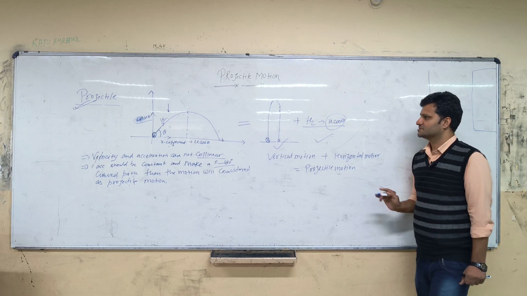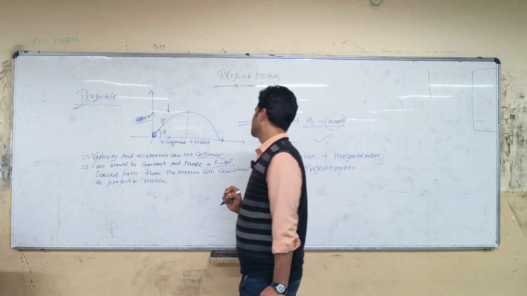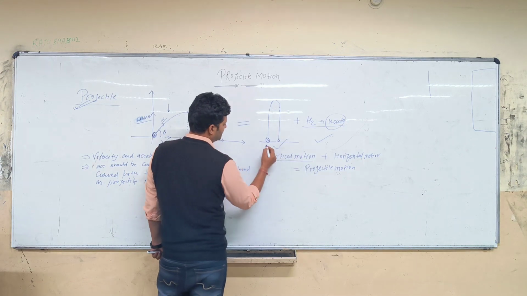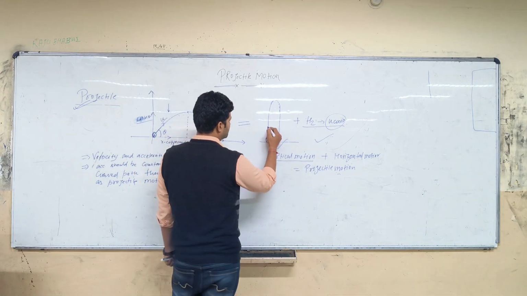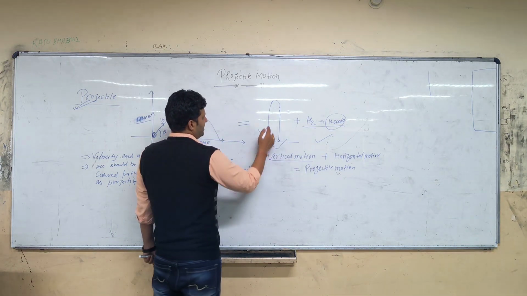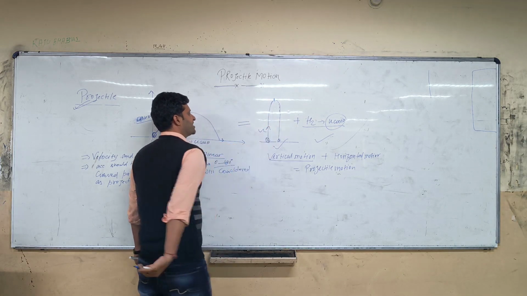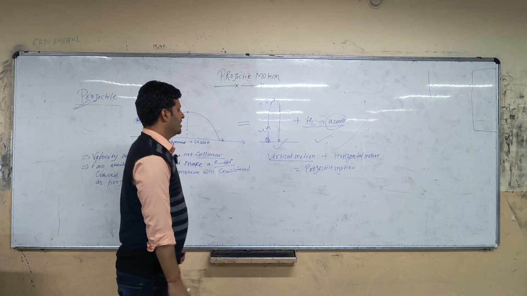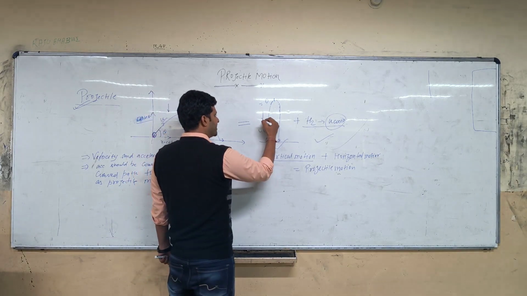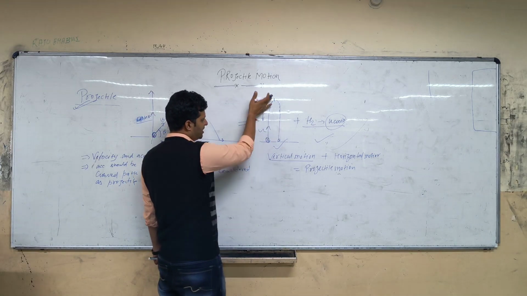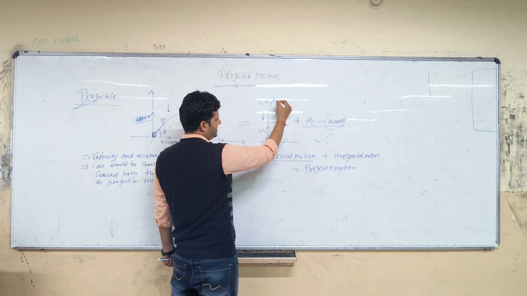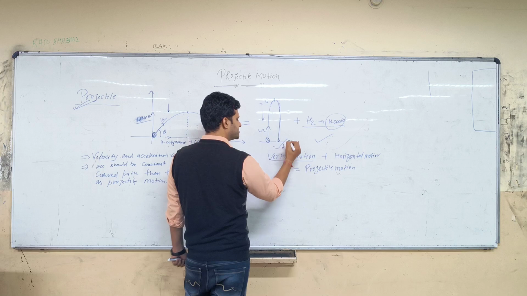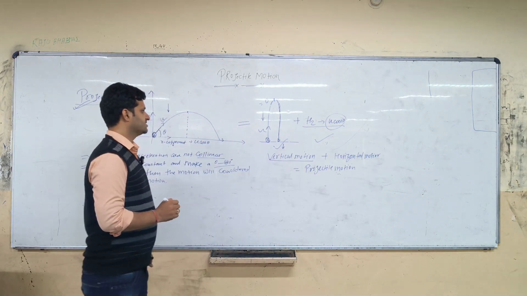Once you feel it, you will gain the whole concept. See, in vertical motion, when an object is thrown up with velocity u, when it reaches the highest point, the velocity becomes 0. That is, it decreases with respect to height. Once again, when it is coming back, it increases, but the direction changes.